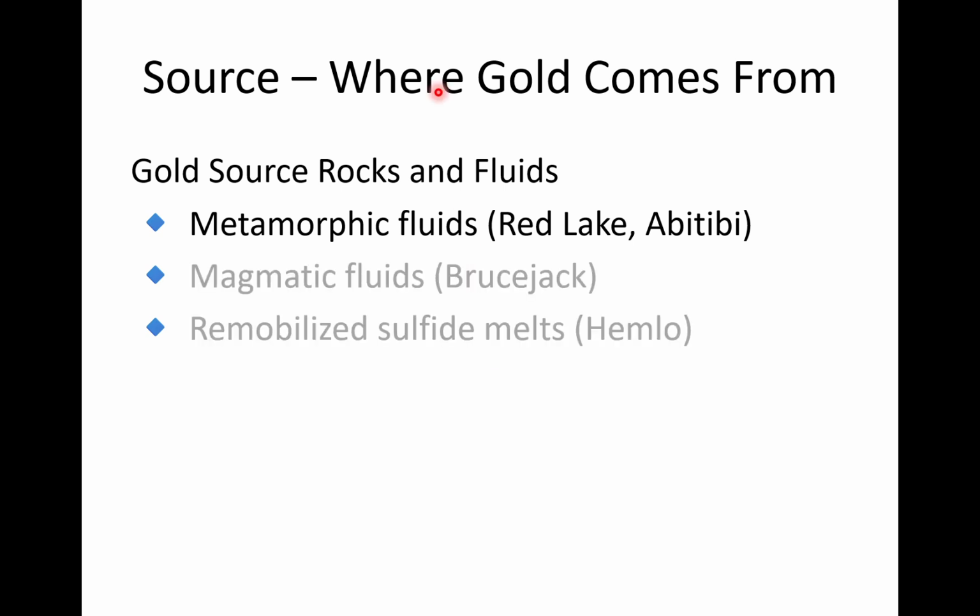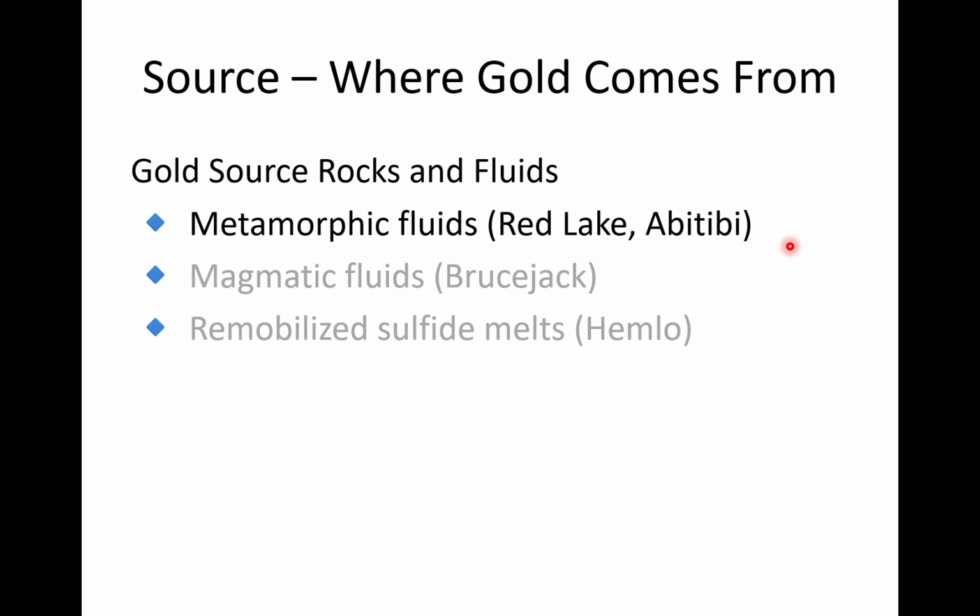So let's start with metamorphic devolatilization, metamorphic fluids. It's the most common and accepted fluid source for gold. In many gold deposits, especially orogenic gold in metamorphic belts, gold-bearing fluids are generated by metamorphic reactions at depth.